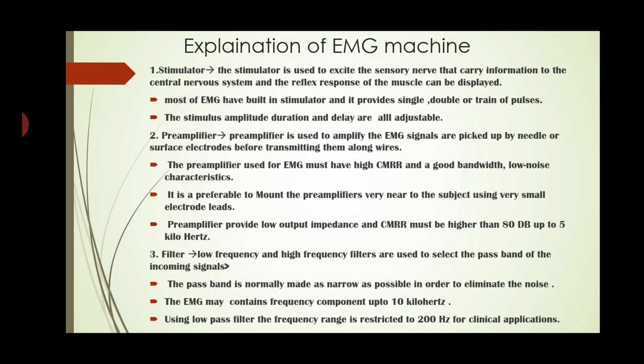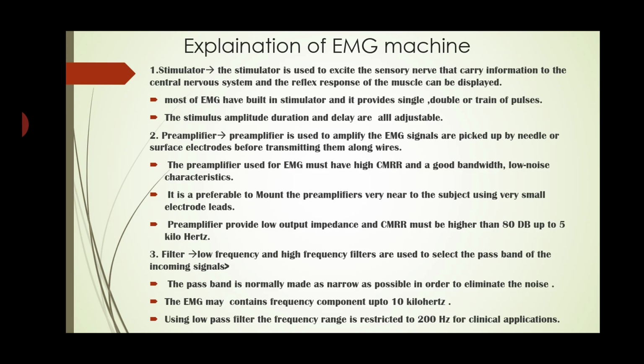Second, preamplifier. The preamplifier is used to amplify the EMG signals picked up by needle or surface electrodes before transmitting them along the wire. A preamplifier used for EMG must have high CMRR, good bandwidth and low noise characteristics.